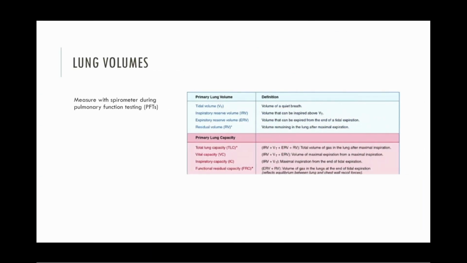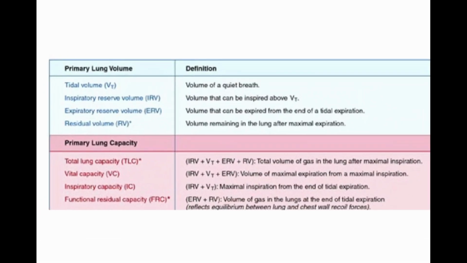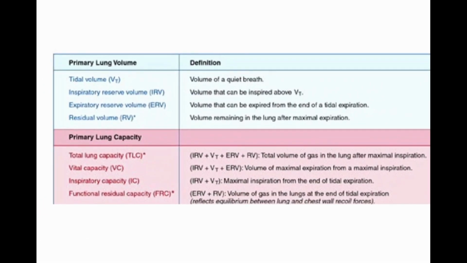So we are going to be dealing with lung volumes. We're going to draw this out, but there are 4 lung volumes, and then we have lung capacities. Capacities are volumes added together. So a capacity is 2 different lung volumes added up, or you can have individual volumes, and we'll draw this out in a second.